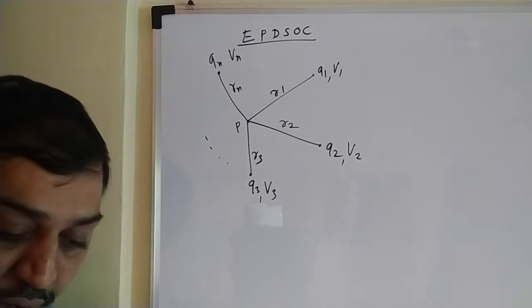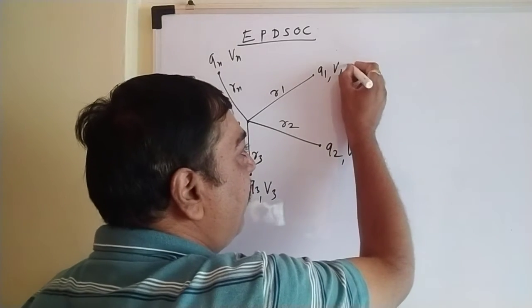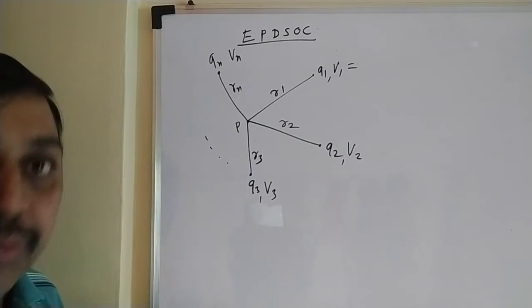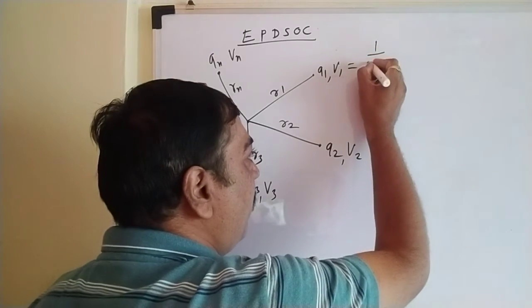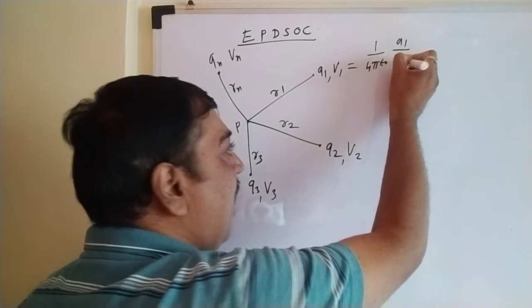Now write the equation for electric potential at point P due to charge q1. V1 equal to 1 divided by 4 pi epsilon 0, q1 divided by r1.